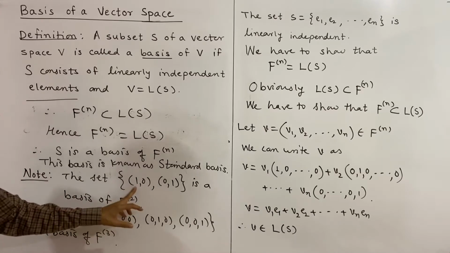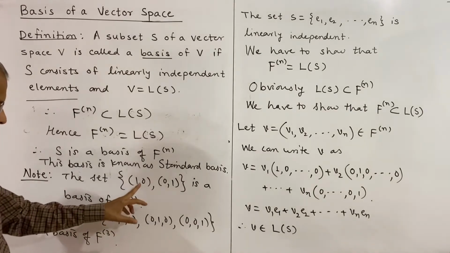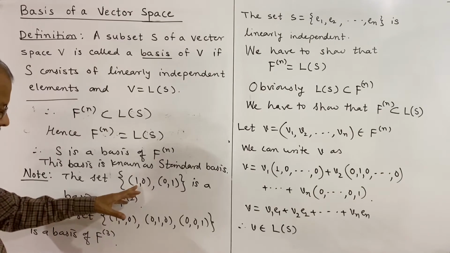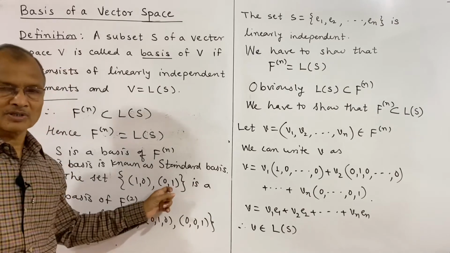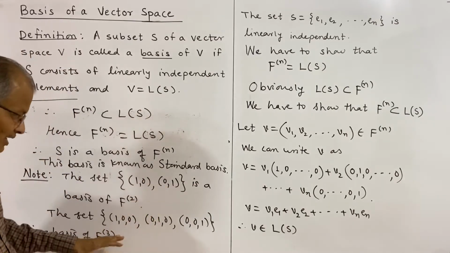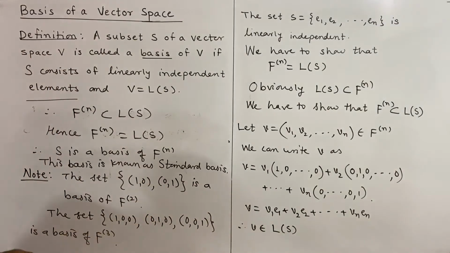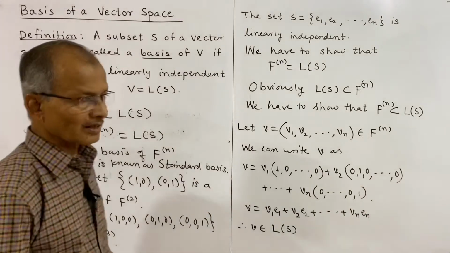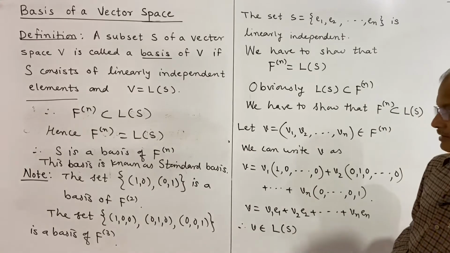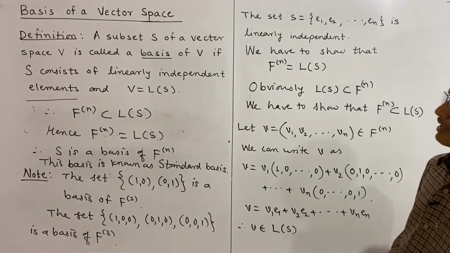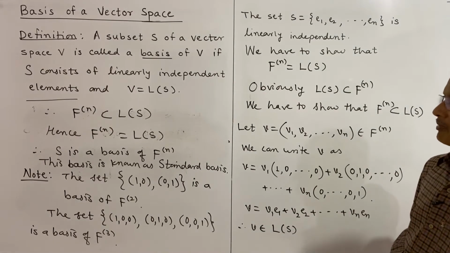Because the first component is considered as 1, remaining 0, and in the second element the second component is 1, remaining is 0. In this way these elements are formed. So a basis containing these E1, E2 etc. will be known as standard basis. So this is a definition and example of basis.